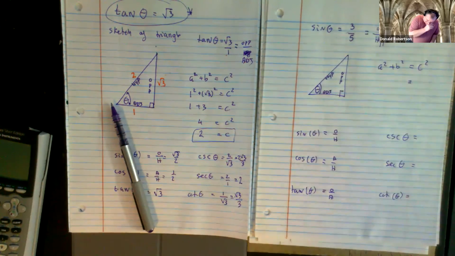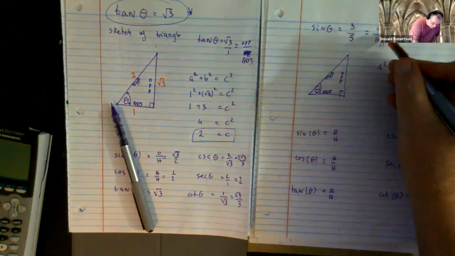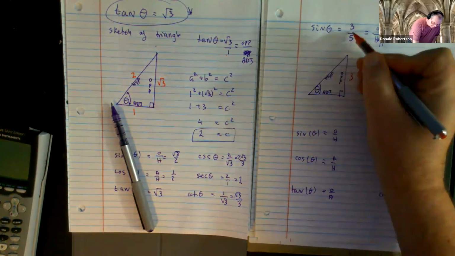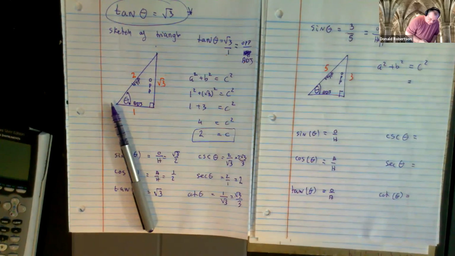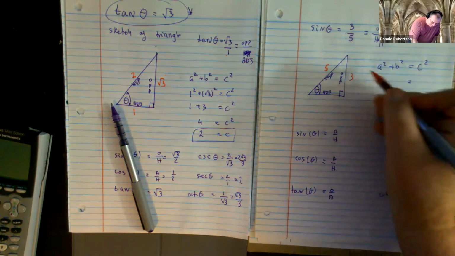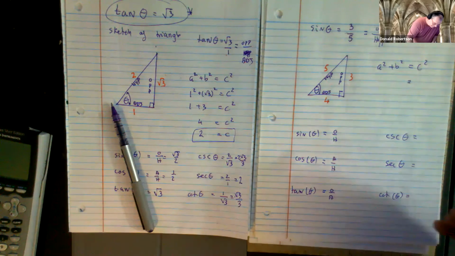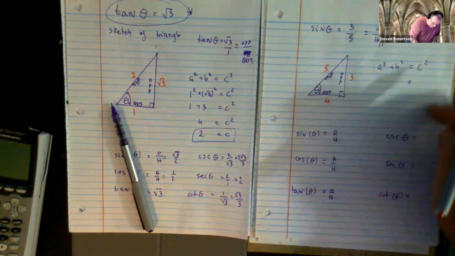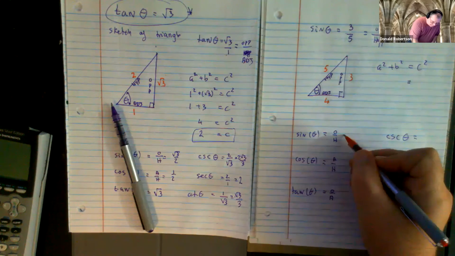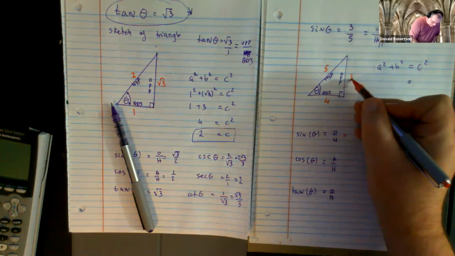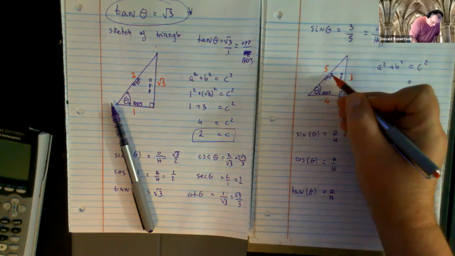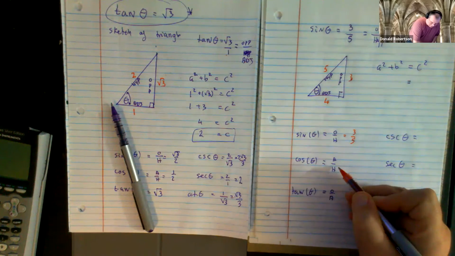So opposite over hypotenuse. We know the top is 3, and we know the bottom is 5, so we get that. I made this dead easy, isn't it? A 3, 4, 5 triangle. So you can do the Pythagoras over there. Now, if you want to get a sine, you do 3 opposite over 5 hypotenuse, so that's 3/5, which we already know.